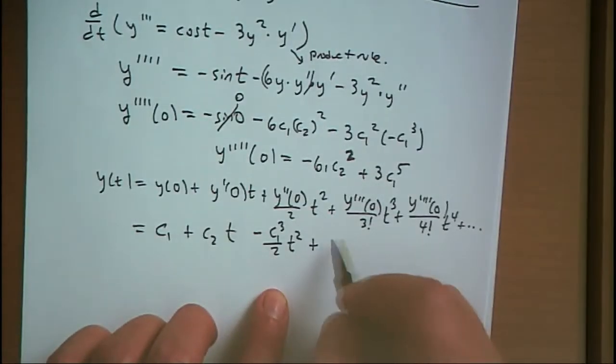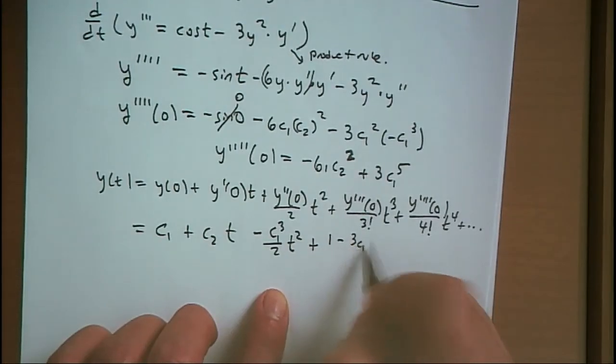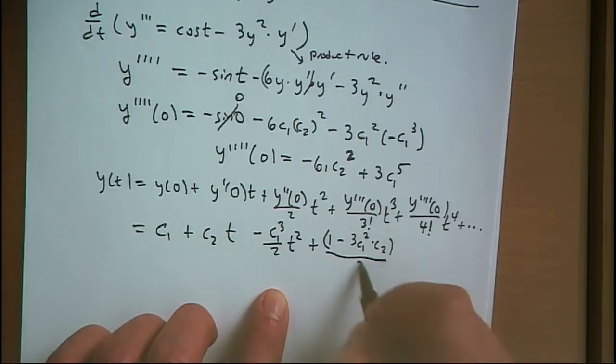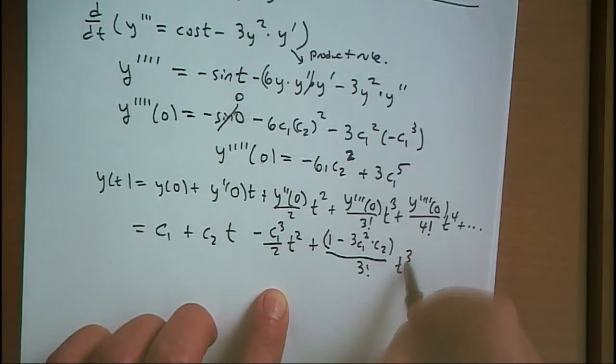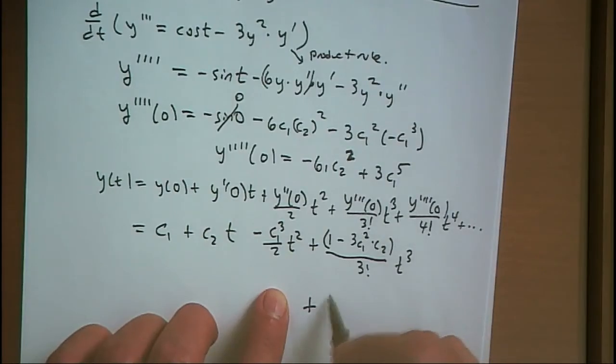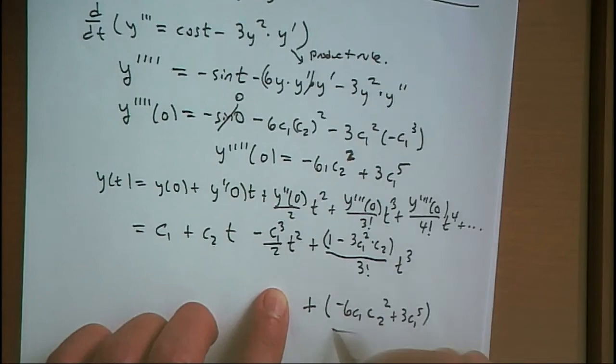Plus 1 minus 3 C1 squared times C2, this whole quantity over 3 factorial t cubed, plus our last term that we'll fill in is this last number that we got, minus 6 C1 C2 squared plus 3 C1 to the fifth, over 3 factorial t to the fourth. And this goes on.